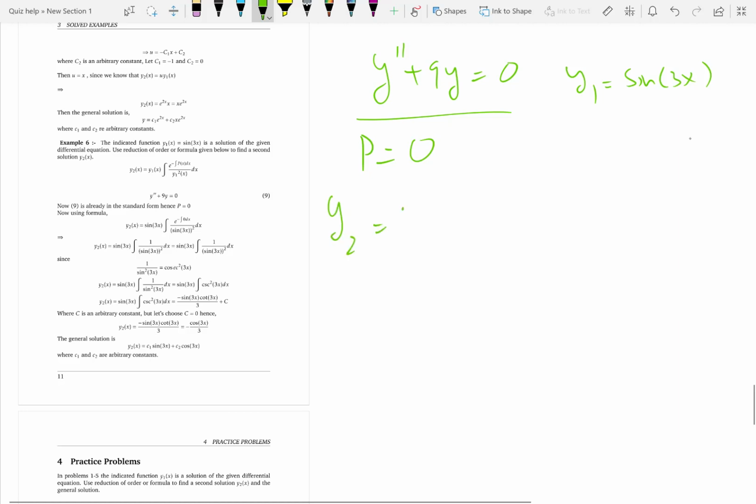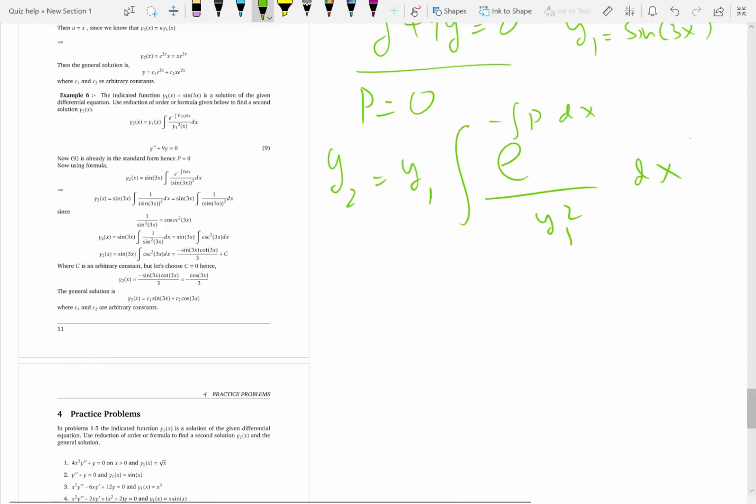So y2 is y1 times the integral of e to the negative integral of p, over y1 squared. So p is 0. The integral of 0 is a constant, an arbitrary constant, so e to the c.